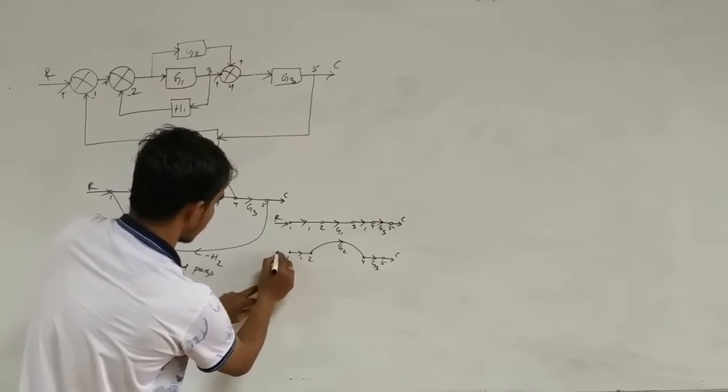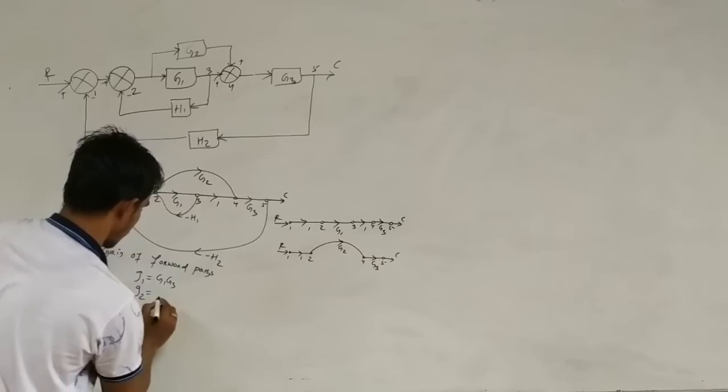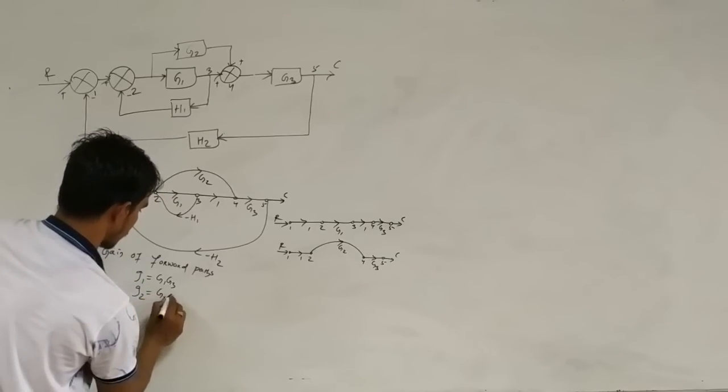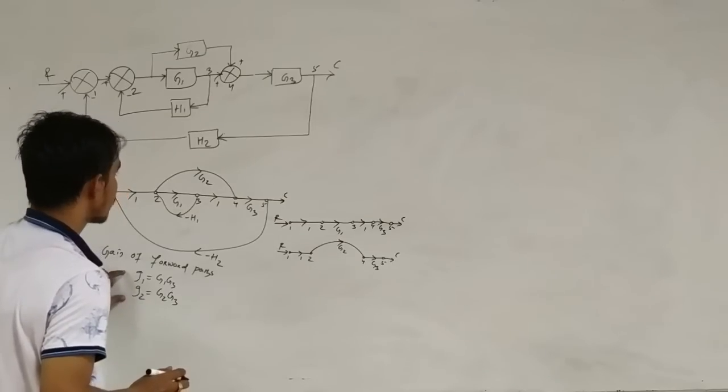Second forward path gain P2 equals G2 into G3.